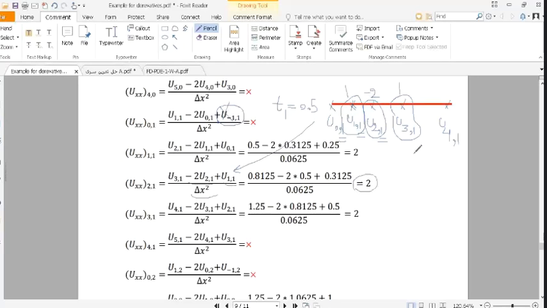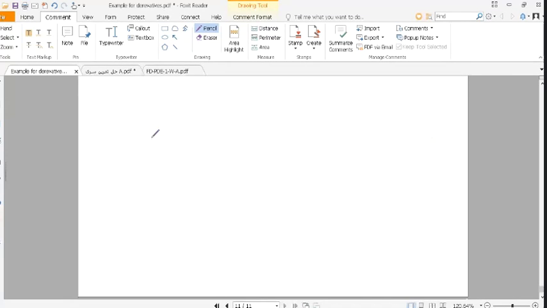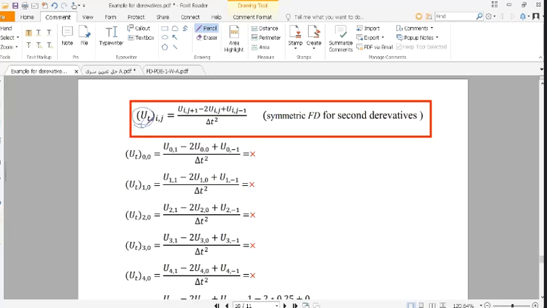The next part, we are going to use the symmetric finite difference for the second derivative, this time with respect to t: utt at i, j. I should write utt, not ut; the t was dropped as a mistake.